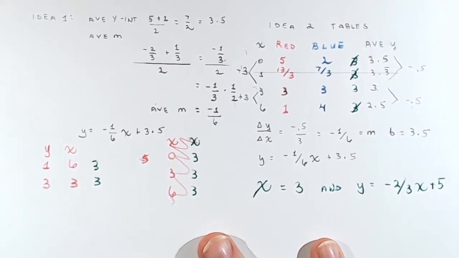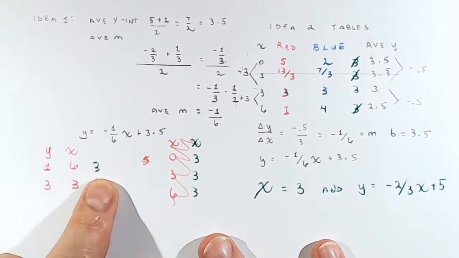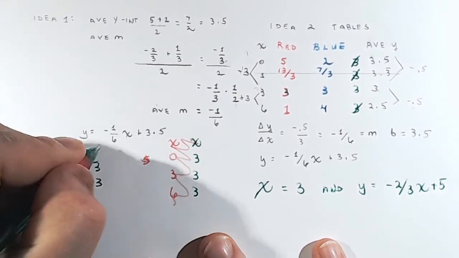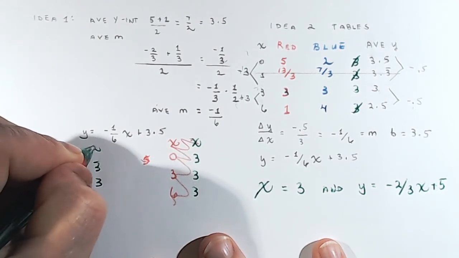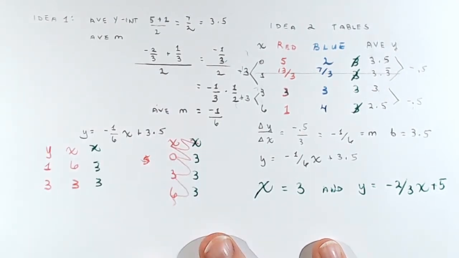Oh, I see the problem now. My vertical line would also have this value. These are my x values. Well, so now what am I going to do?